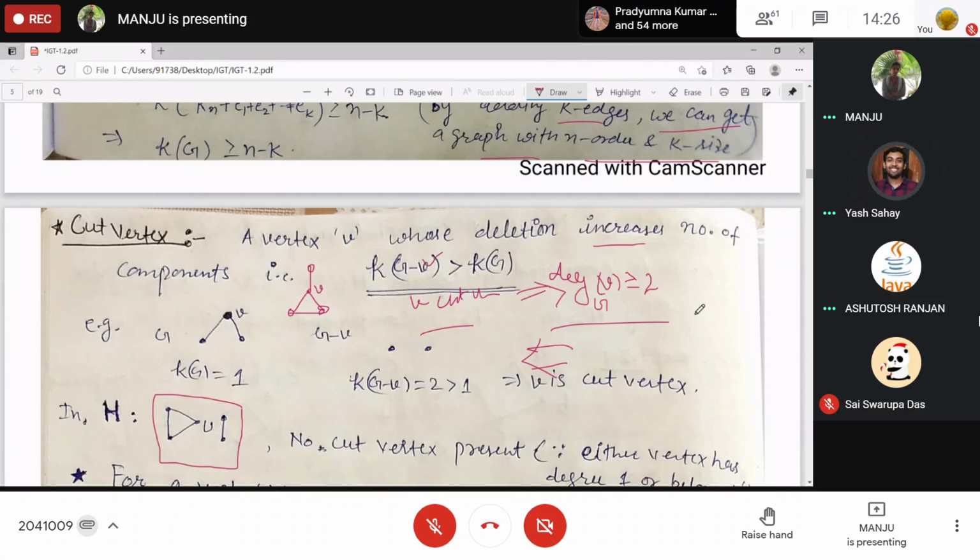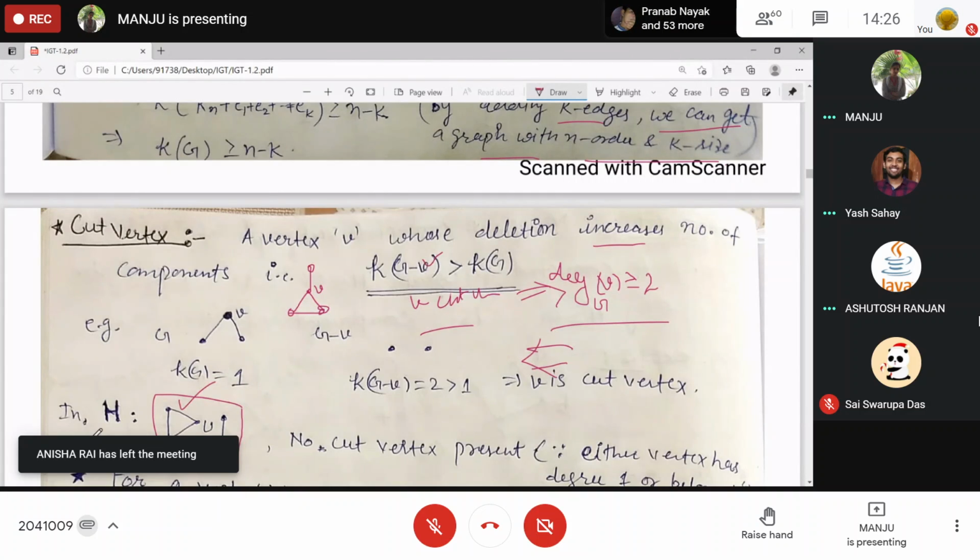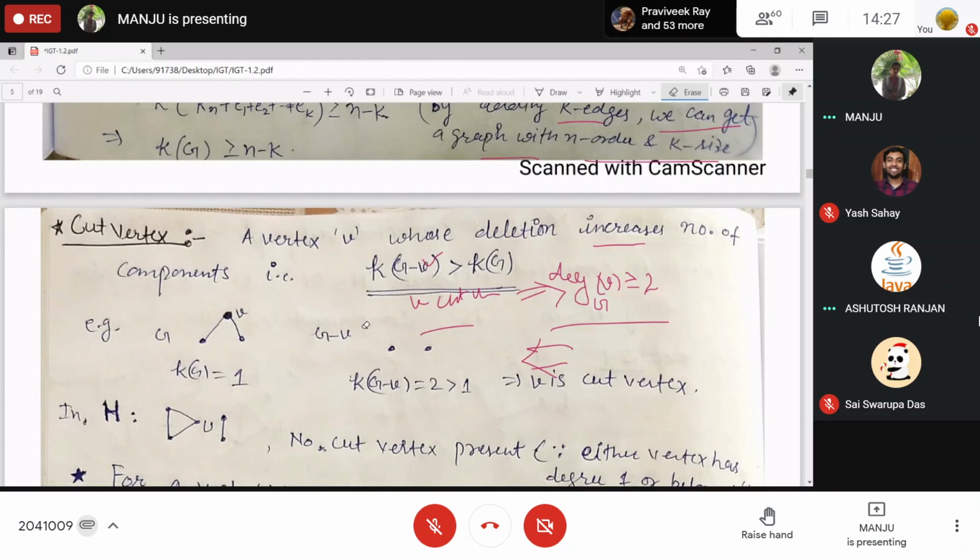For example, in H, what do we have? The C3 part, you can take it. The degree is 2, but still it is not a cut vertex. Here, the degree is 3, but still it is not a cut vertex. I hope you got it. This is only the necessary condition, okay? Not the sufficient.